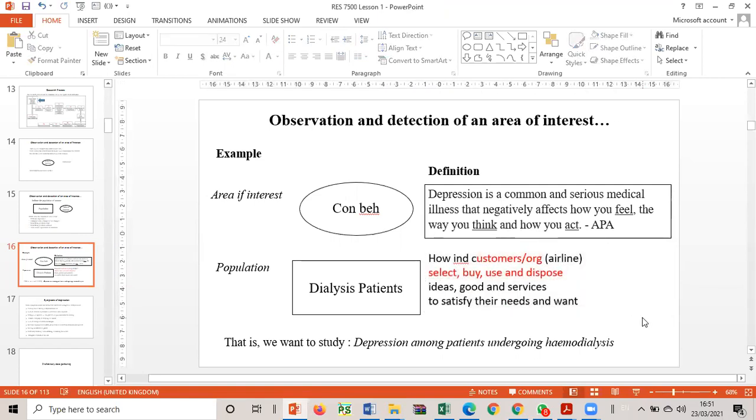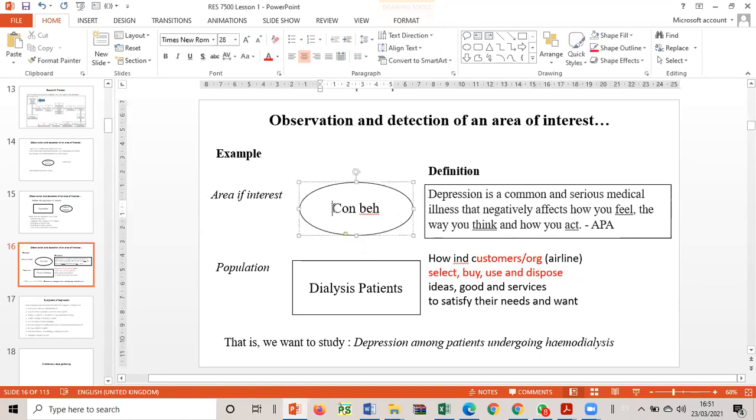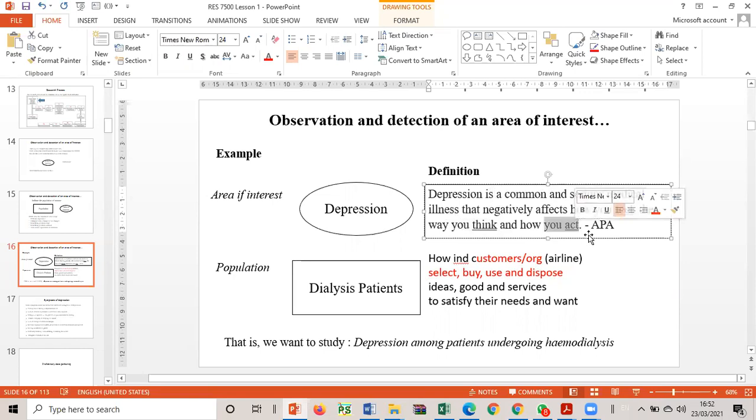Yeah, that's right. So here, my definition is depression just now. Depression is a common and serious medical illness that negatively affects how you feel, think, and act. This is by APA.